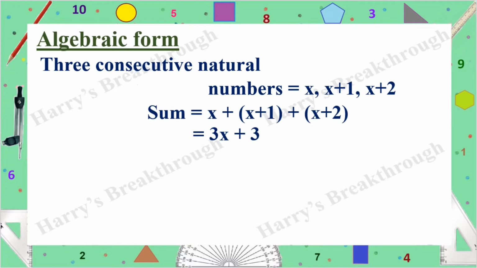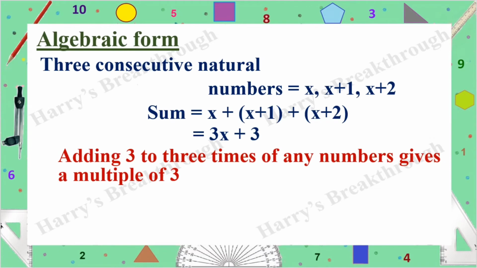So how can we read this? Adding 3 to 3 times of a number, right? So here we can find that adding 3 to 3 times of any number will give a multiple of 3, right?